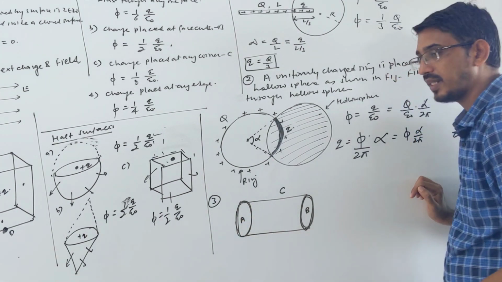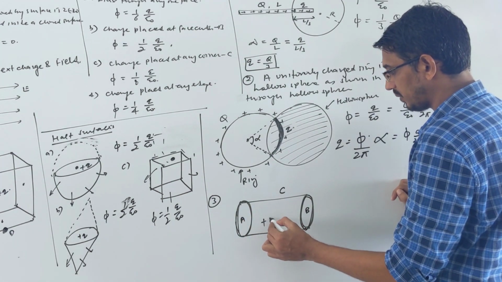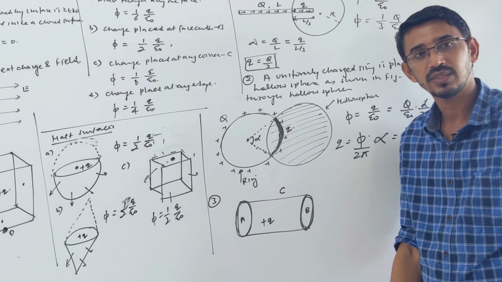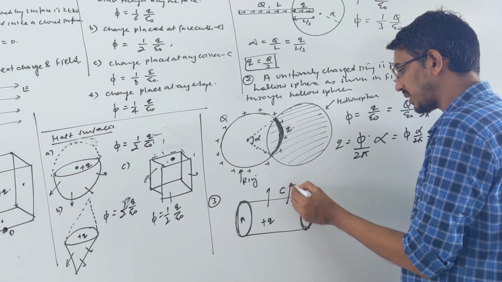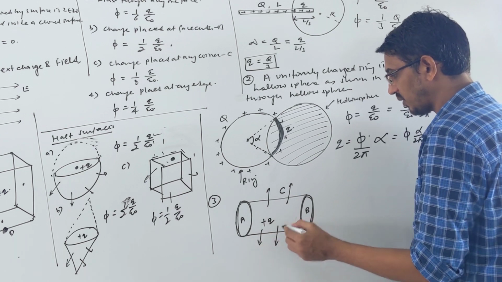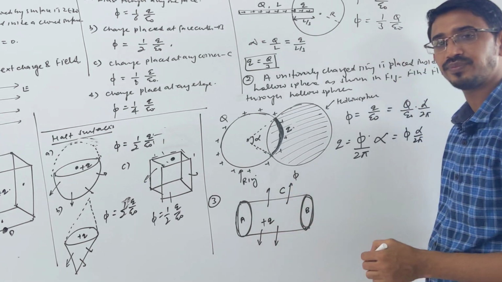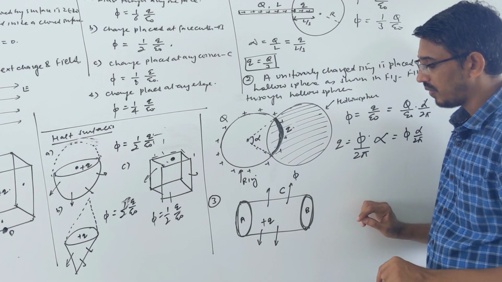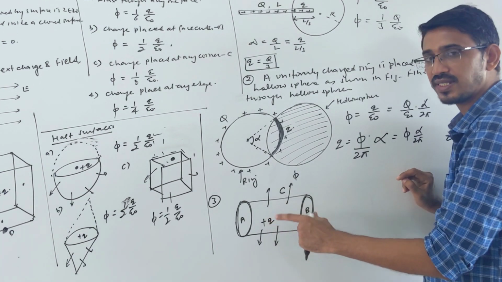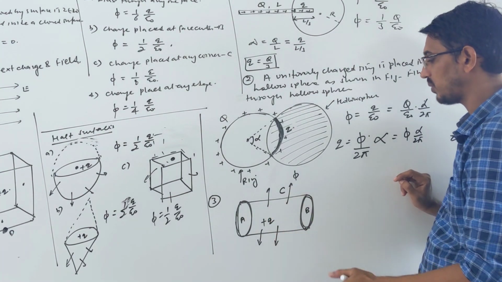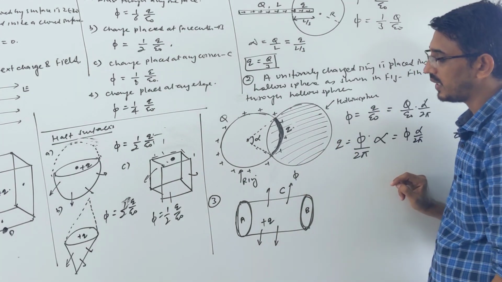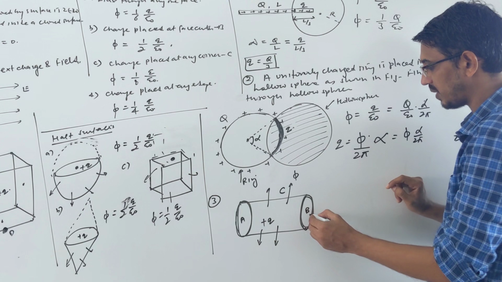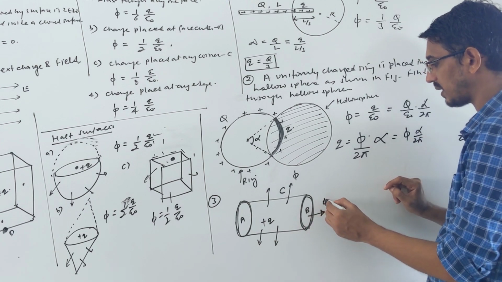Then they said a charge Q was placed inside this hollow cylinder, and the flux coming through the curved surface was given as phi. Then they asked what is the flux coming through surface B.